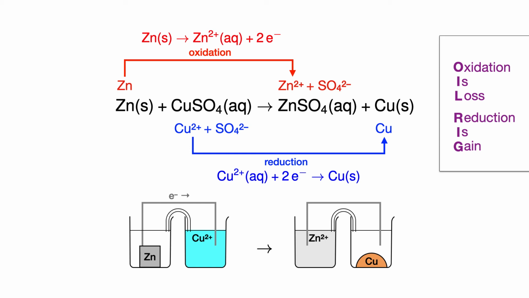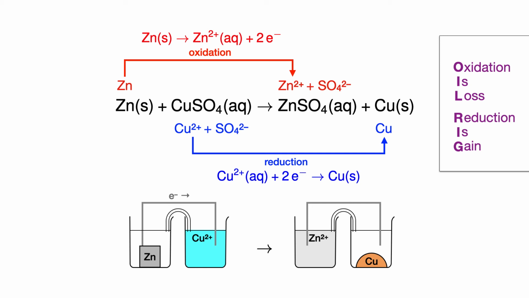And so by setting up separate compartments for the oxidation and reduction, we can force electrons to flow through a wire. And this is exactly how things like batteries and fuel cells work. They physically separate an oxidation process from a reduction process and force electrons to go through an external wire.